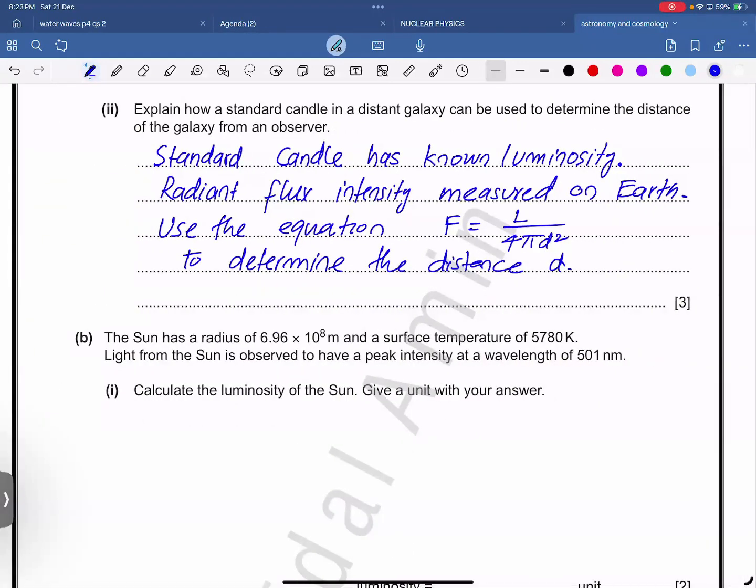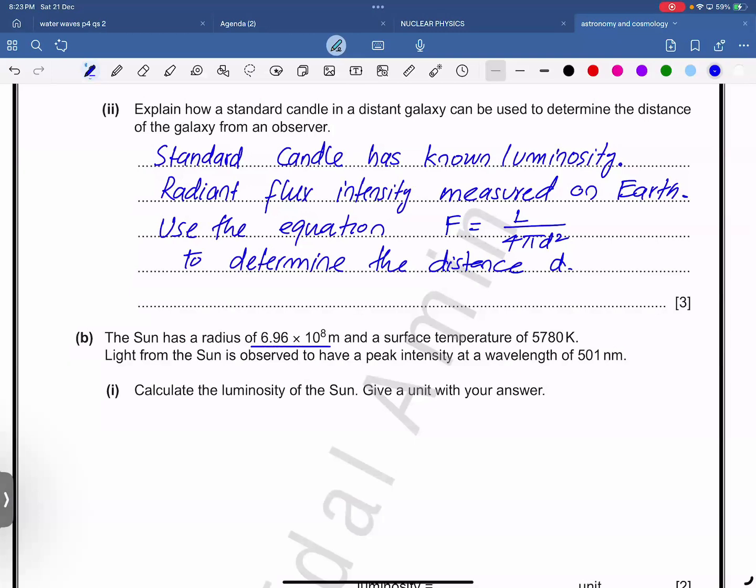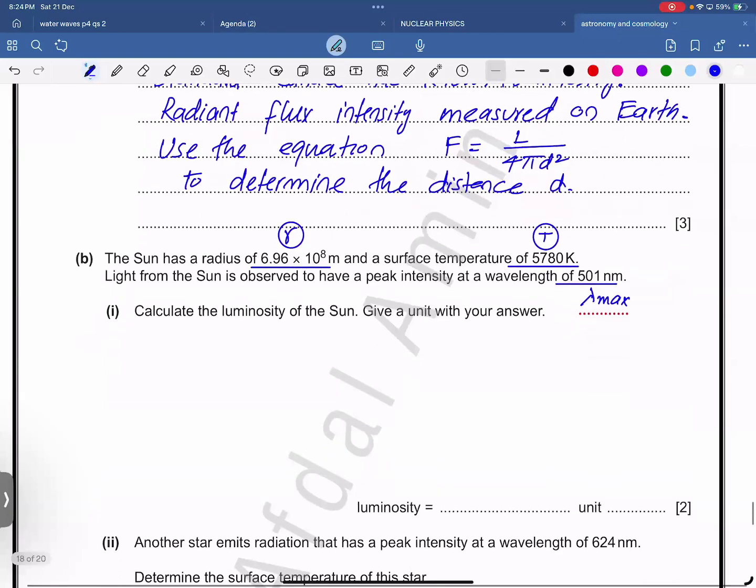The sun has a radius of 6.96 times 10 power 8. Surface temperature, you have. Light observed from the sun is observed to have peak intensity as this. Calculate the luminosity of the sun.